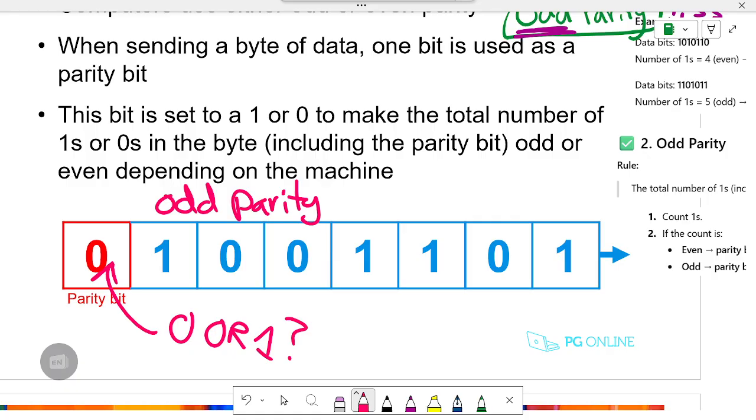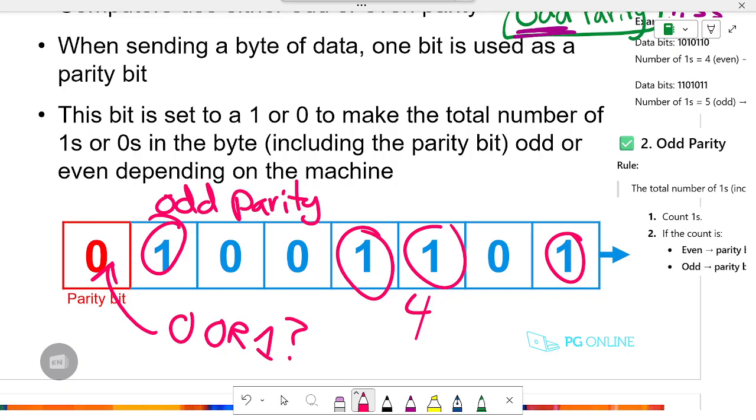How many bits are in my data? Can you count how many ones? No? How many ones do I have? 1, 2, 3, 4. I have 4 ones. If I'm using odd, is 4 an odd number?